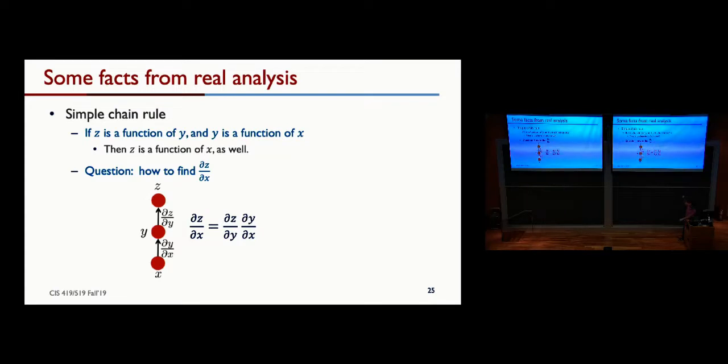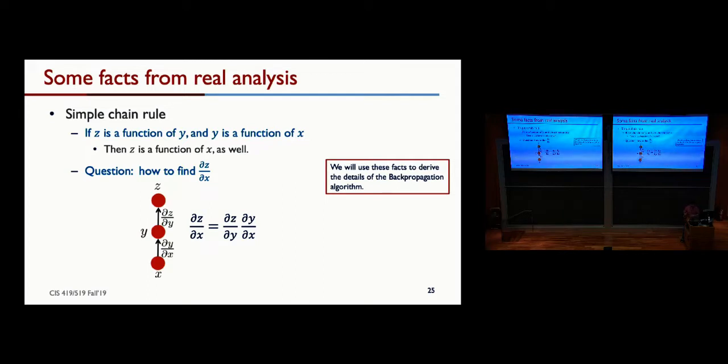So the gradient of z with respect to x is actually the gradient of z with respect to y times the gradient of y with respect to x. Have you guys seen this in math courses before? Anyway, otherwise you'll have to take my word for it.